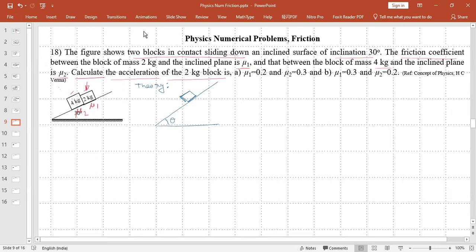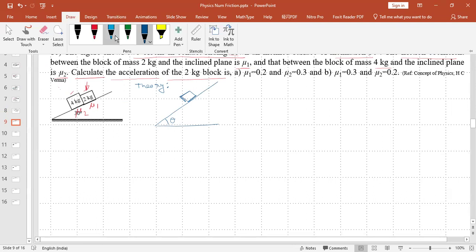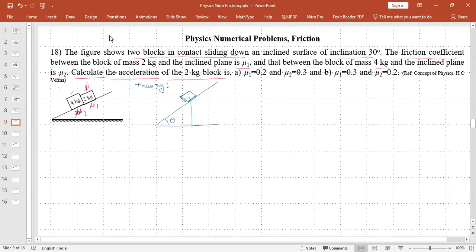Now we know that this object has a downward gravitational force mg, and this mg has a component mg cos theta normal or perpendicular to the surface.